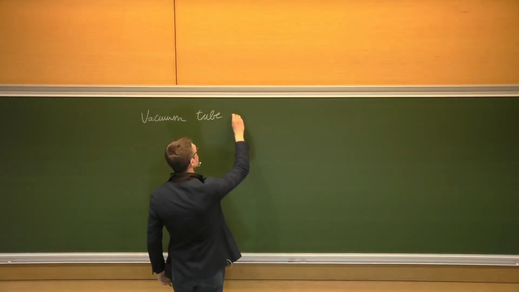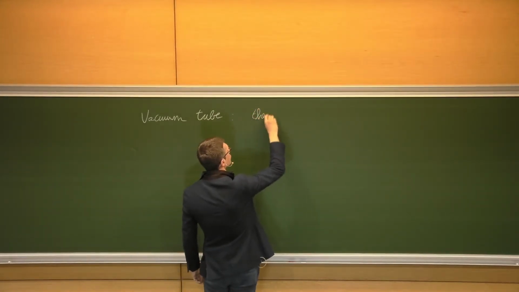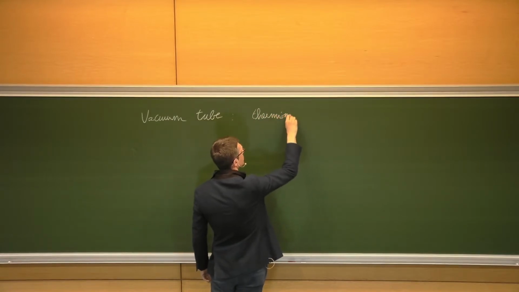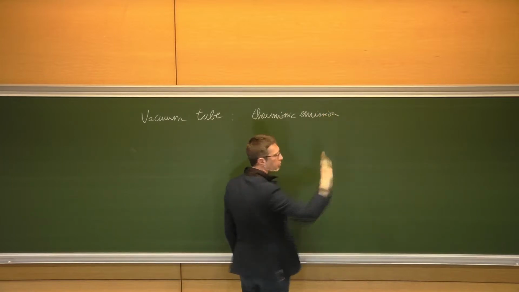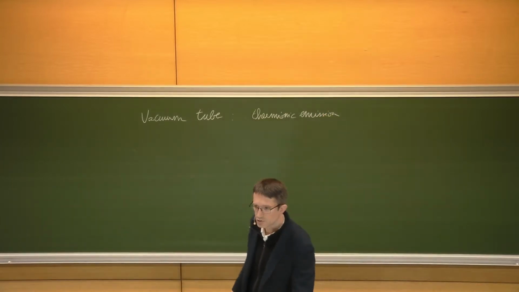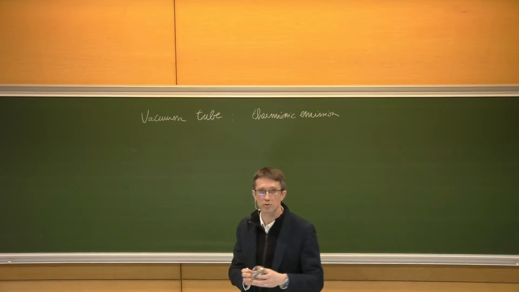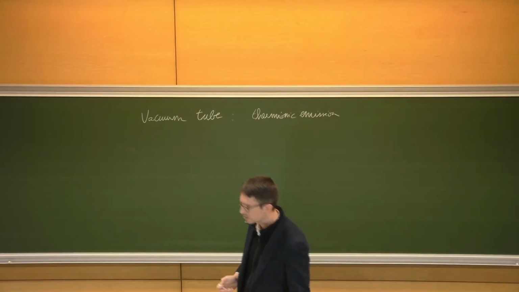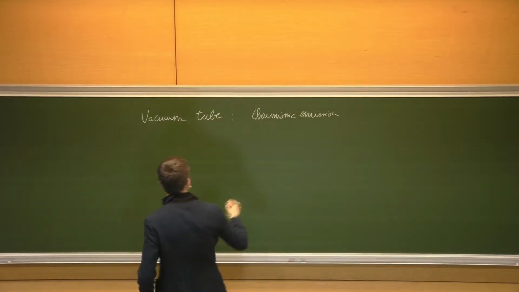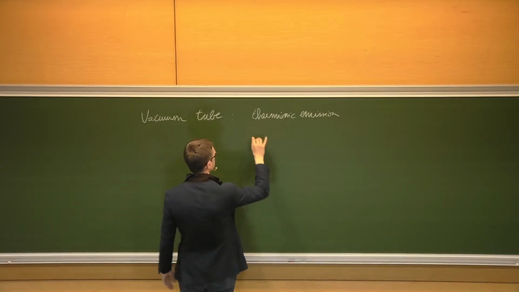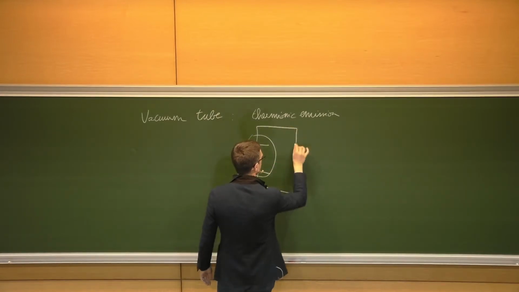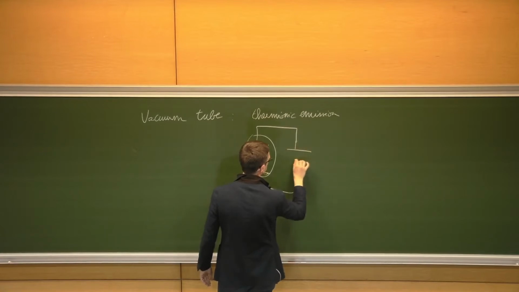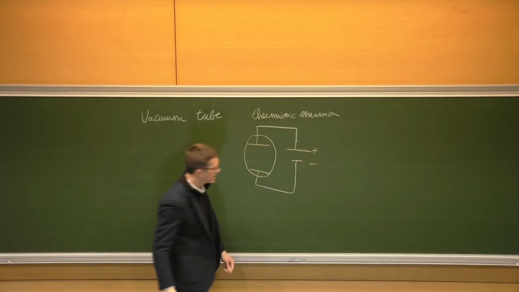The vacuum tube was based on so-called thermionic emission, which is a big word to say that in these tubes, which were vacuum tubes, inside there was an anode and a cathode. So basically you would have a tube like this, you would have one electrode and a second electrode, and this would go to a power supply.